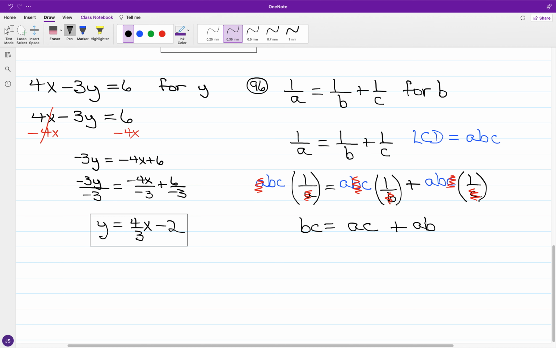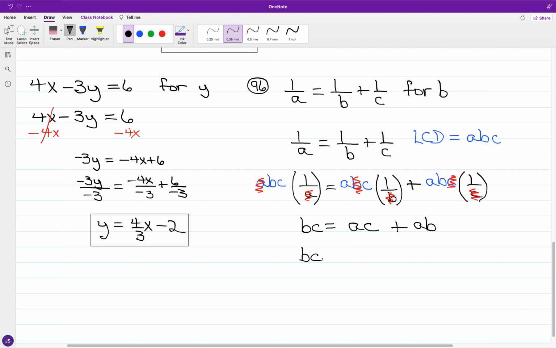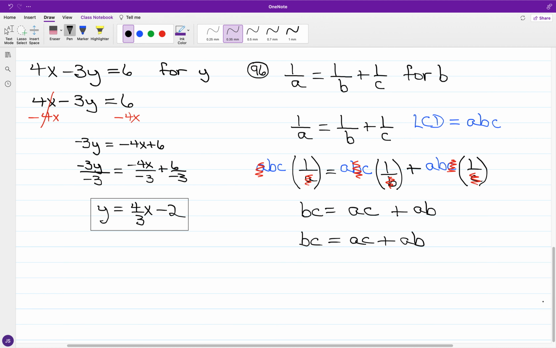And I'm looking at solving for B and trying to get B by itself as a single entity. But right now I have two terms consisting of the variable B. So what I can do at this stage, I have taken care of the fractions, just canceling out the denominators, having utilized the least common denominator.